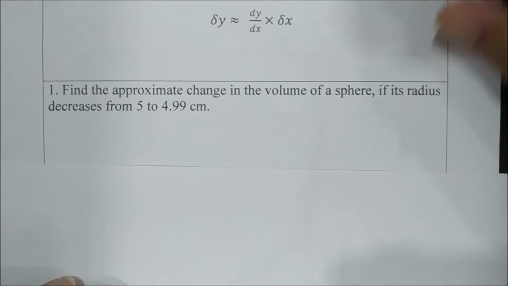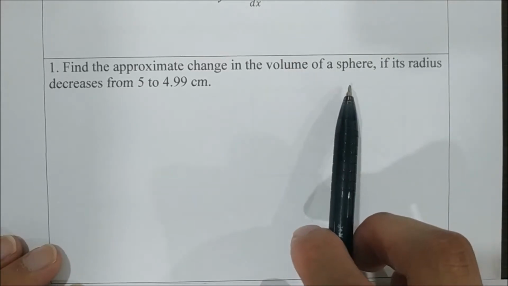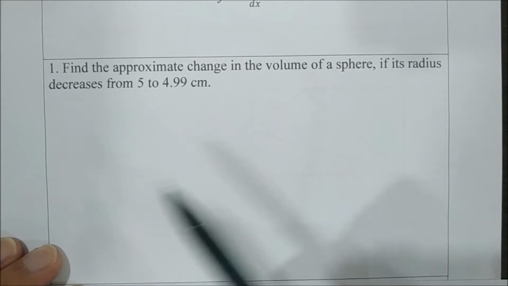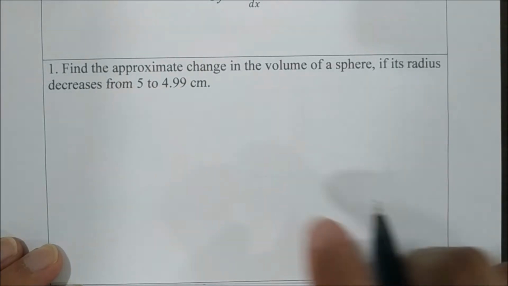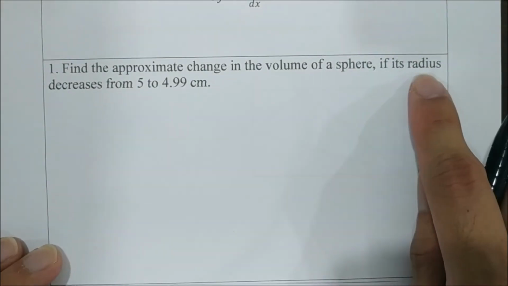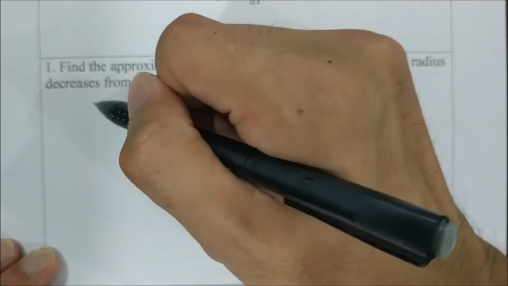So let's take a look at the example. Find the approximate change in the volume of a sphere if its radius decreases from 5 to 4.99 centimeters. From here we know that the radius decreases, so there are changes to the radius of a sphere. The radius is r.